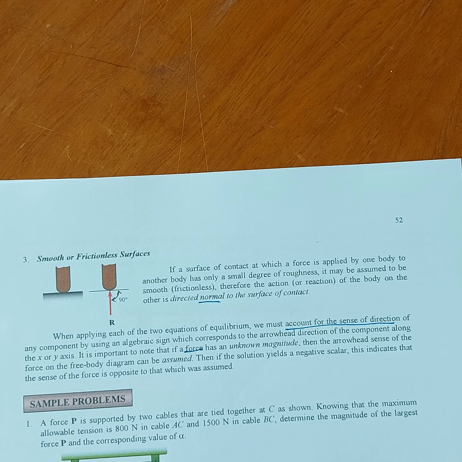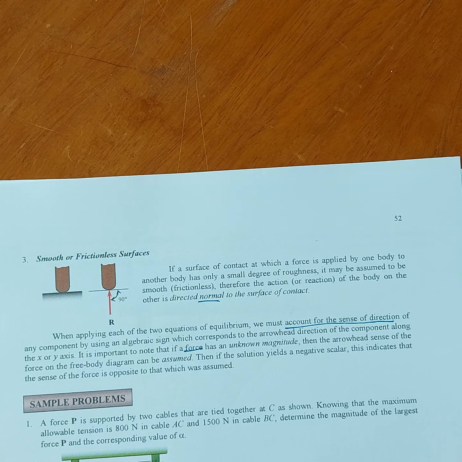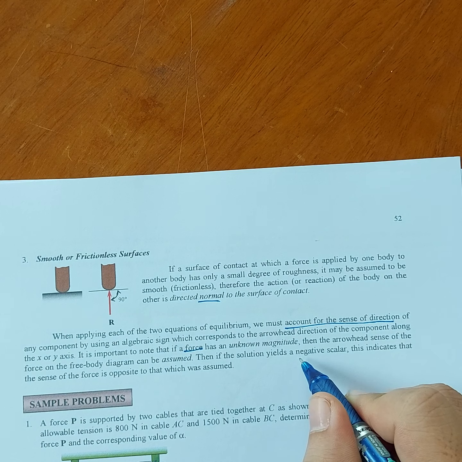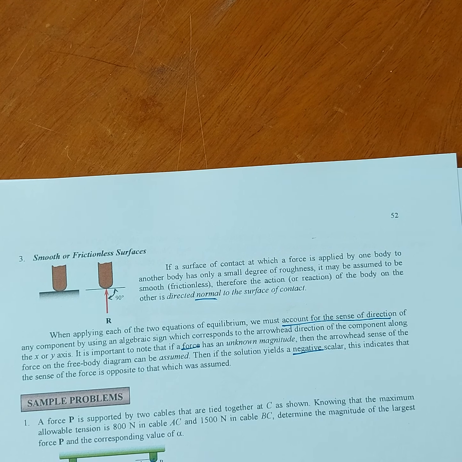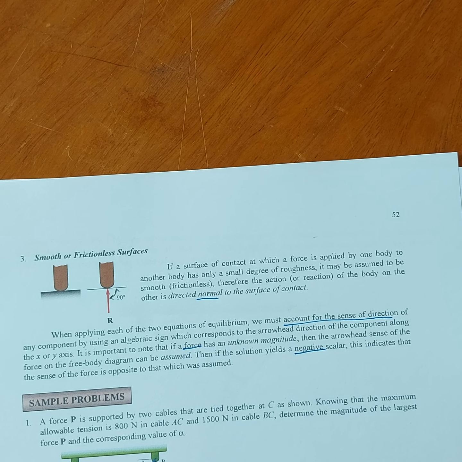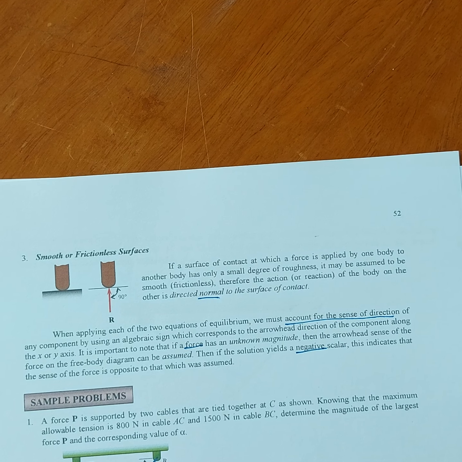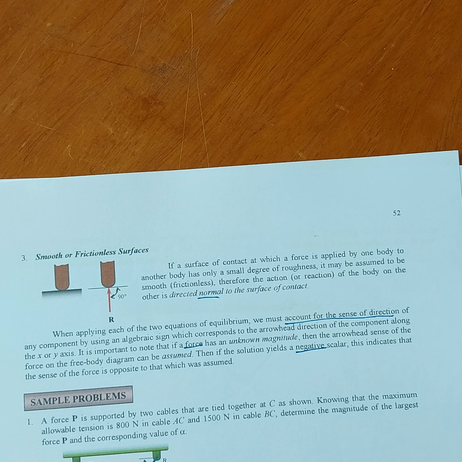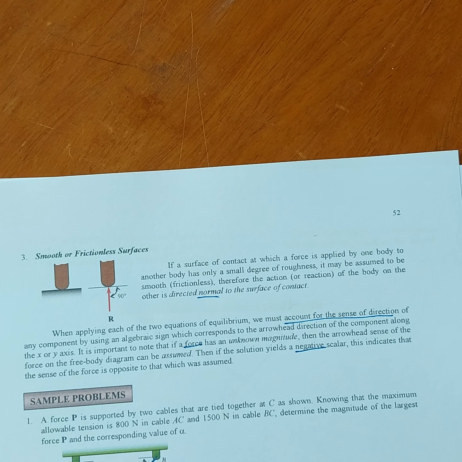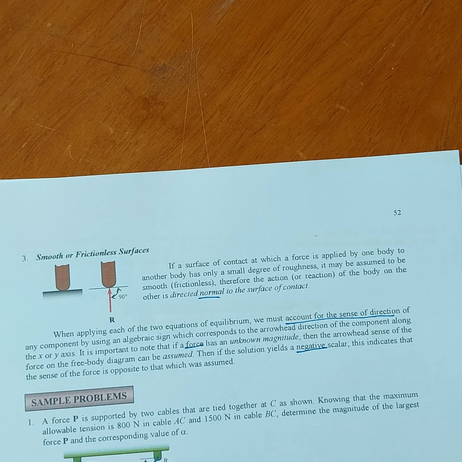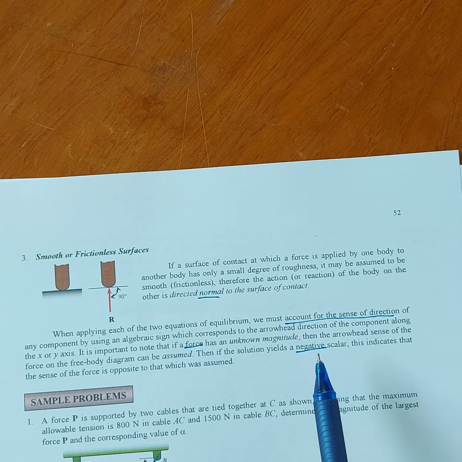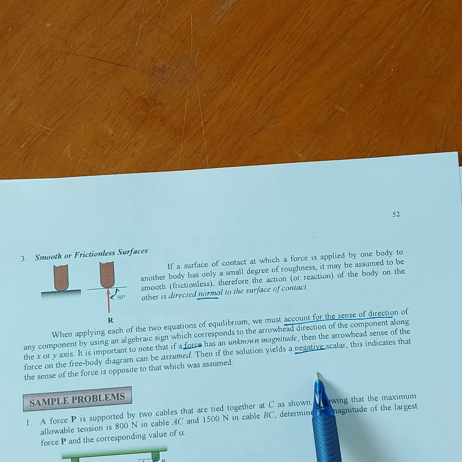And if the solution yields a negative scalar, this indicates that the sense of the force is opposite to that which was assumed. Ibig sabihin, mali yung direction na na-assume natin, so we can correct it later on.